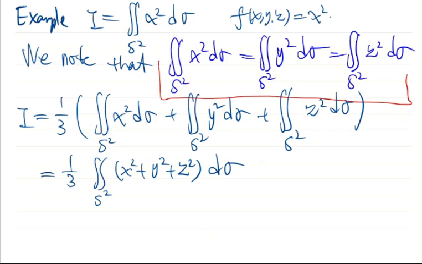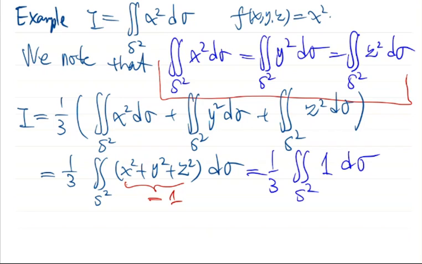But over the surface, x squared plus y squared plus z squared is precisely 1. So this is a constant function.